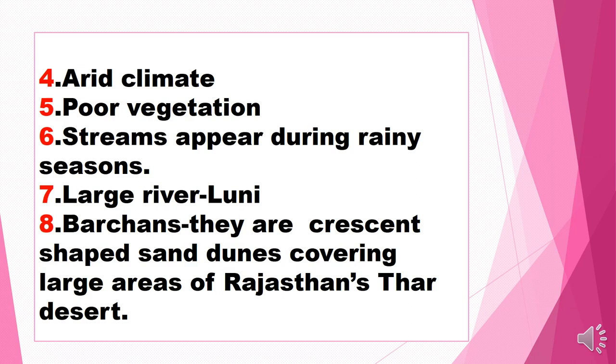So the Indian desert, also called the Thar desert, is very dry and arid, vegetation is very poor, and only the Luni river flows in this area.